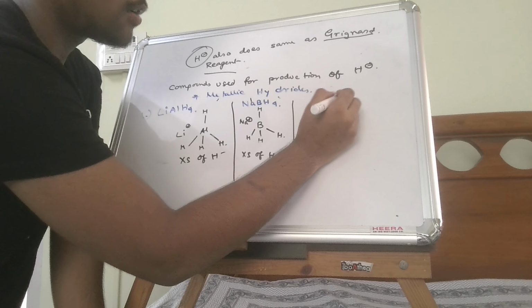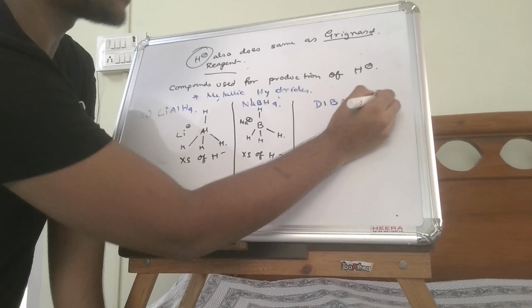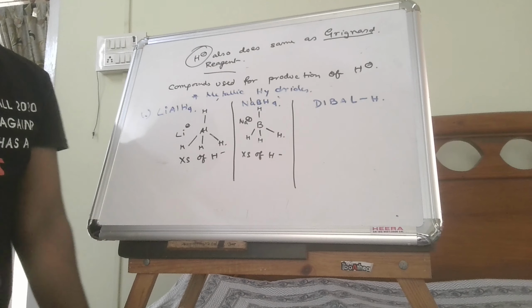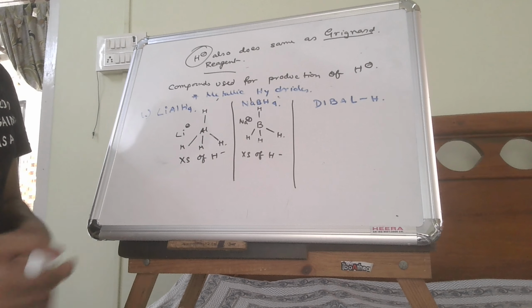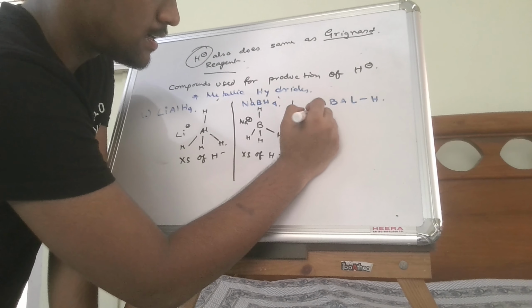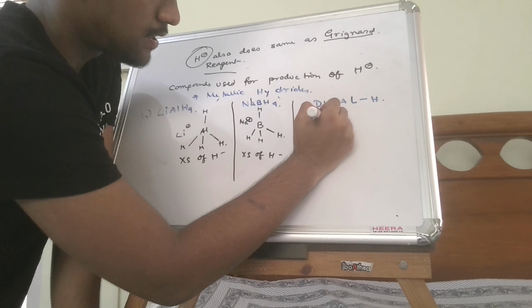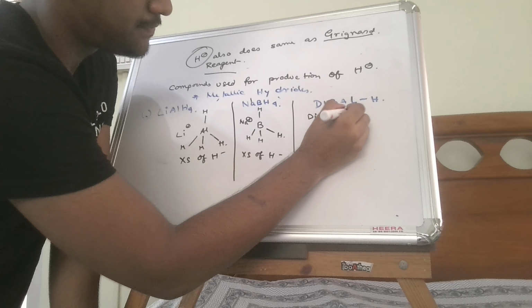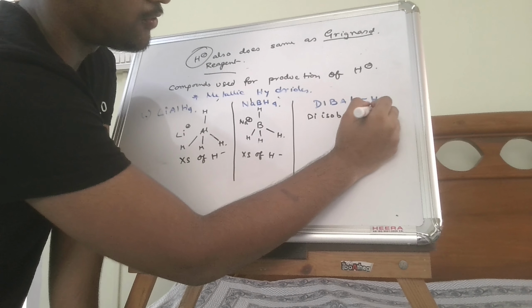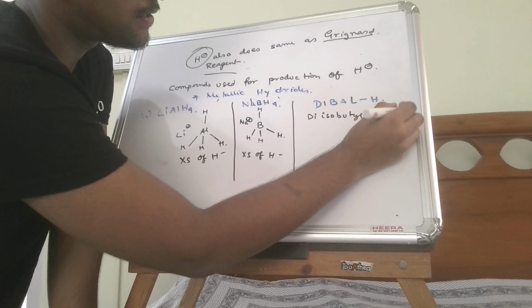Now DIBAL-H. What is DIBAL-H? We all know DIBAL, we all use DIBAL, but we don't know the meaning of DIBAL. DIBAL means diisobutyl aluminium hydride.